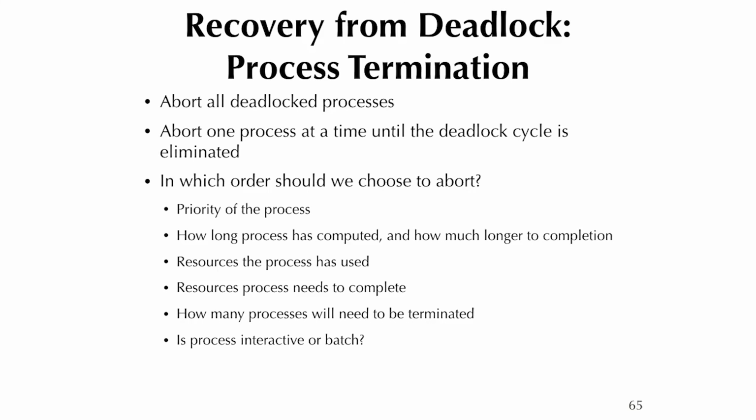In practice, how well that works is hard to say, but that's one of the things people do. They figure, what are the chances of getting more deadlock after breaking one such cycle? Probably not very high, but it's not zero probability. So now, in which order should we choose?